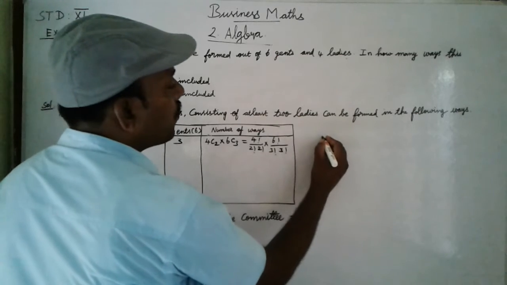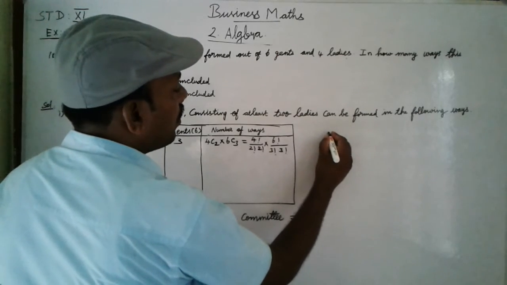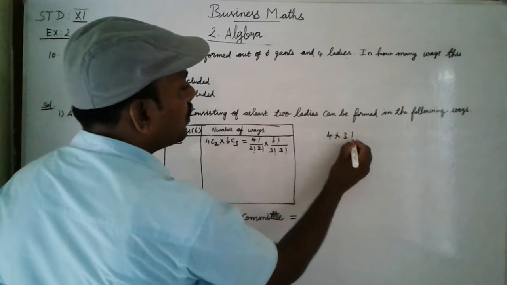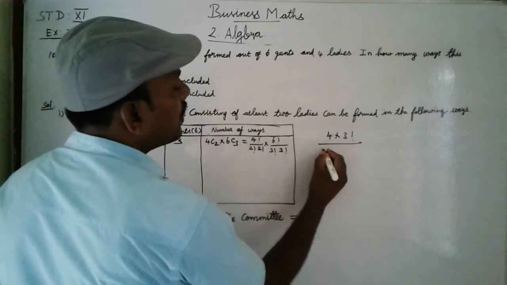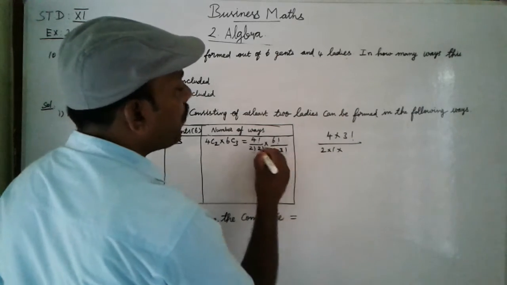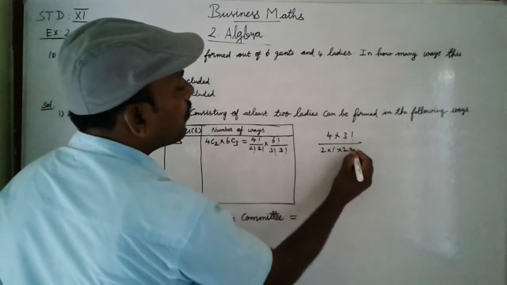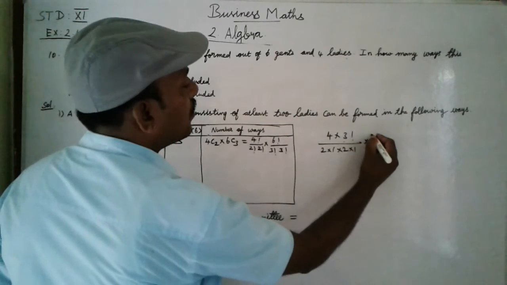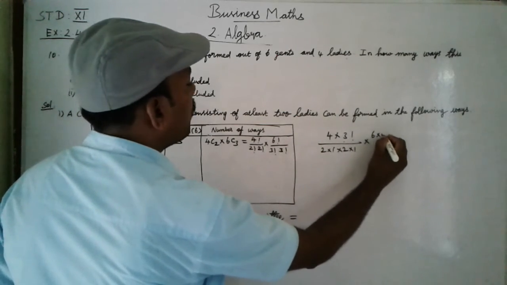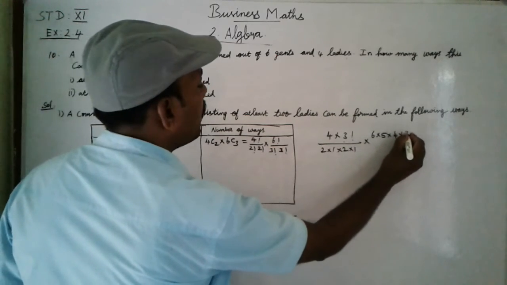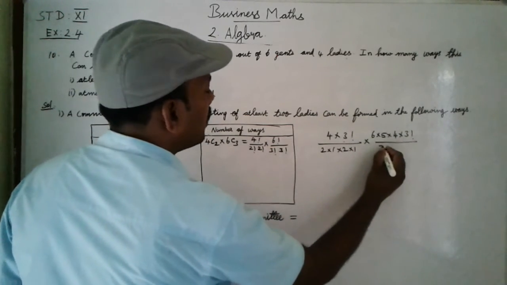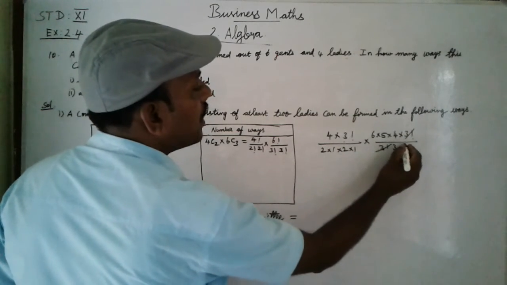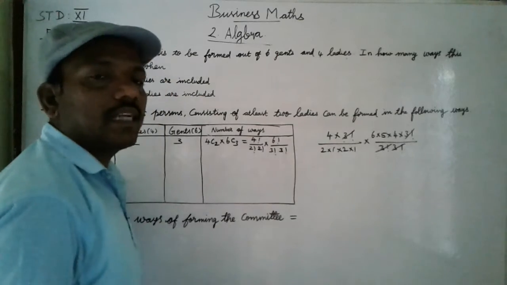Simplify this. 4 factorial is 4 into 3 factorial, divided by 2 factorial, which is 2 into 1, again 2 factorial is 2 into 1. 6 factorial we write as 6 into 5 into 4 into 3 factorial, divided by 3 factorial into 3 factorial. So 3 factorial cancels, 3 factorial cancels.